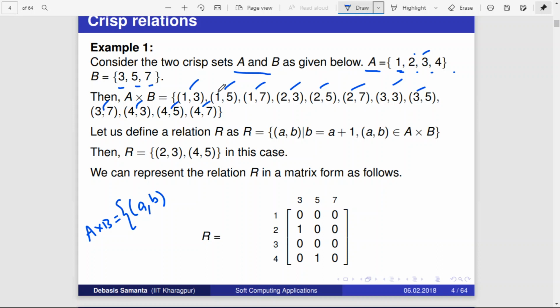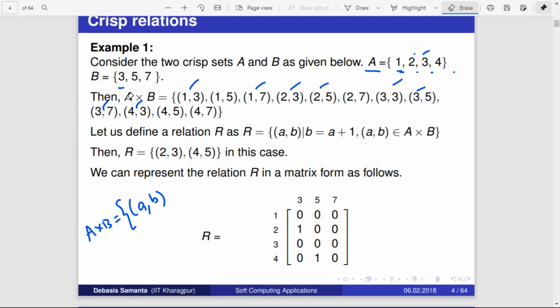So this is the Cartesian product A cross B. If it is B cross A, then it would be 3 comma 1, 3 comma 2, 3 comma 3, 3 comma 4, 5 comma 1, 5 comma 2, 5 comma 3, 5 comma 4, 7 comma 1, 7 comma 2, 7 comma 3 and 7 comma 4. That is not the same as A cross B. This is how we calculate the Cartesian product.